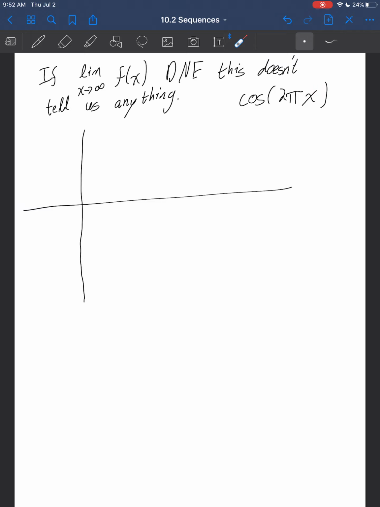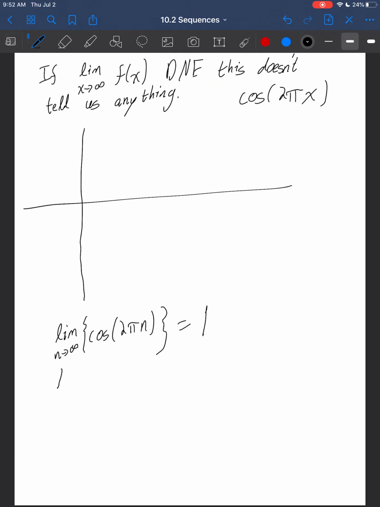Every time I plug in an integer for this x, I'm going to get 1 out. So it's going to be 2 pi, which gives me 1, 4 pi, which gives me 1, 6 pi, which gives me 1. So the limit as n goes to infinity of the sequence cosine of 2 pi n, well, it's just a sequence of a bunch of 1s, so the limit has to be 1.